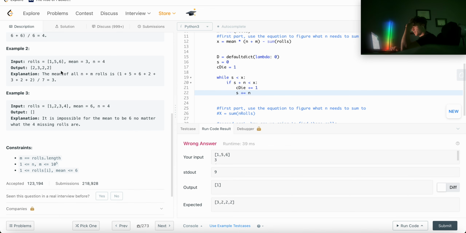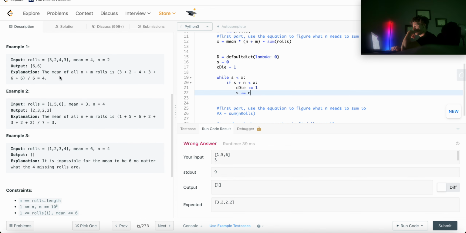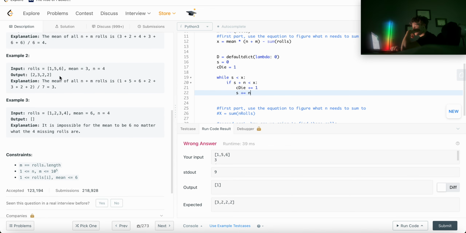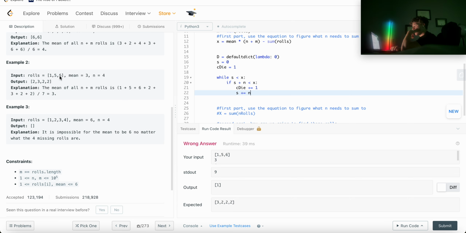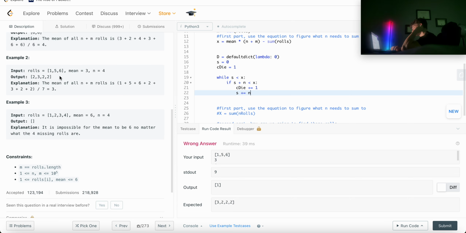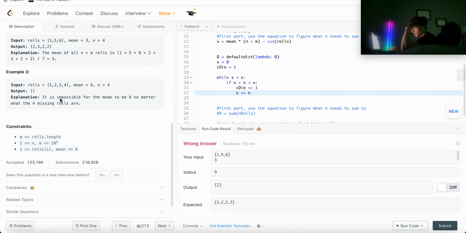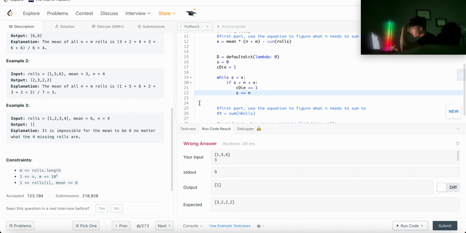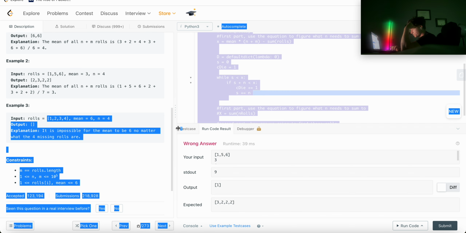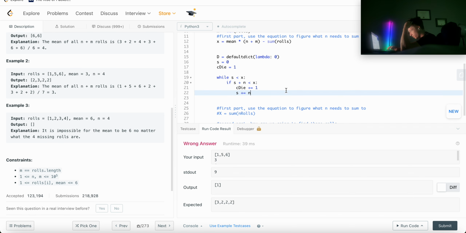Yeah, but will there ever be a case where you need to like, oh man, this is hard. Hard medium. Especially because I didn't even notice this. There's cases where it doesn't work out, but I won't worry about that right now.